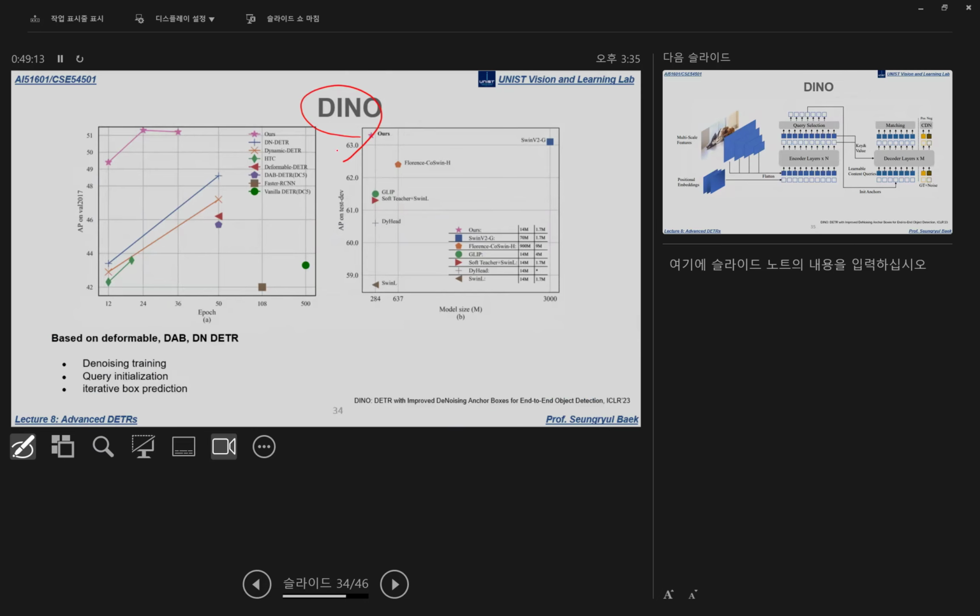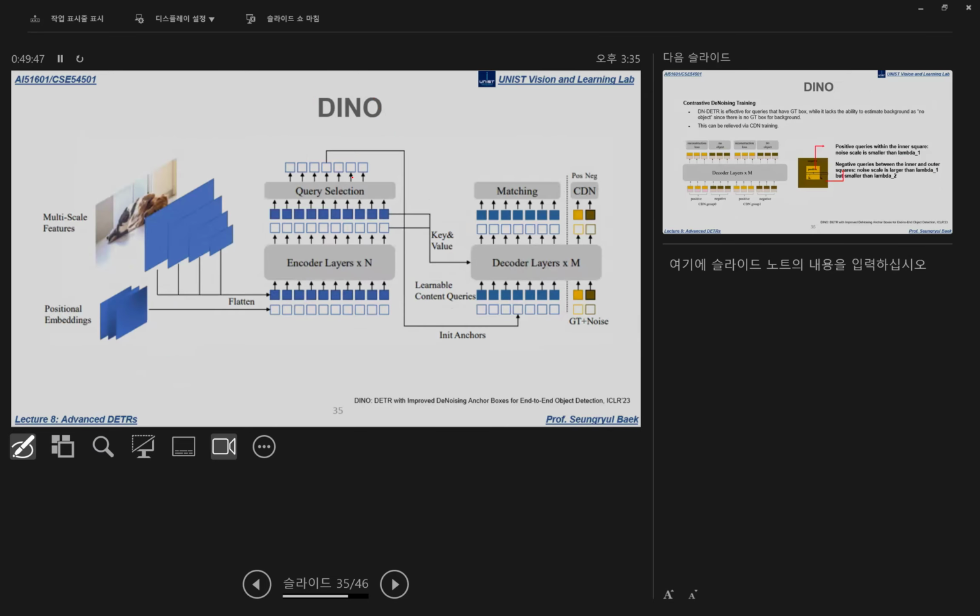Actually, this DINO was one of the most successful DETR variants, merging some of the schemes from DN-DETR and conditional DETR for improving the queries, and also for improving the instability of the training in the early stage. They are improving some of the schemes of DN-DETR, and it's the state of the art object detector using the transformer.